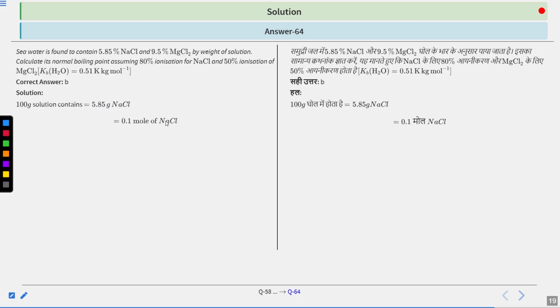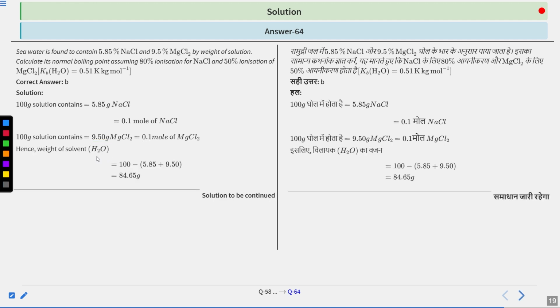That will give you 0.1 mole of NaCl. Next thing we know is that 100 gram of solution also contains 9.50 gram of magnesium chloride, which is 0.1 mole of magnesium chloride, because the molar mass of magnesium chloride is 95. So that will equal 0.1 mole of MgCl2.